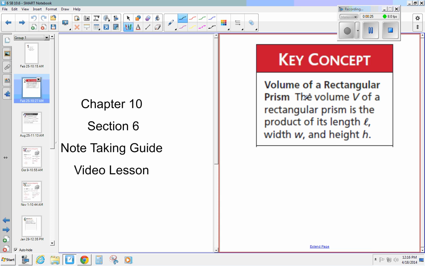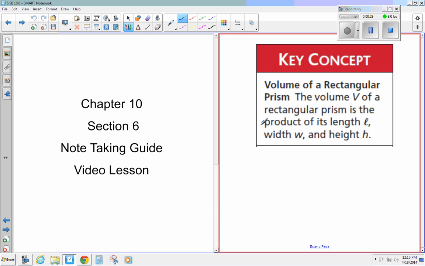The main formula we're going to use today is the volume V of a rectangular prism is the product, which means multiply, of its length times width times height. So volume equals L times W times H, in any order that you want.